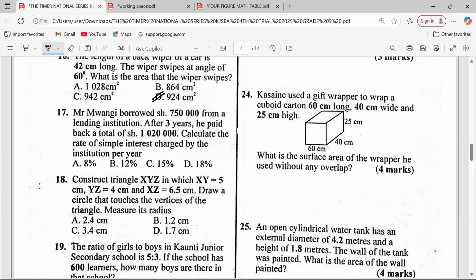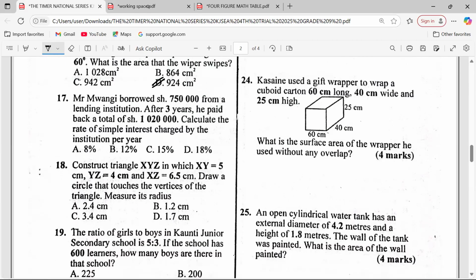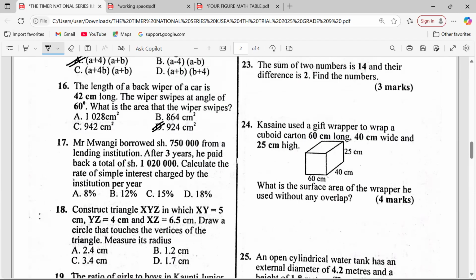Calculate the rate of simple interest charged by the institution per year. So we are having the total amount paid. That means for simple interest, we can get the interest. So the value of simple interest shall be, we take the total paid back and we subtract the amount he borrowed.